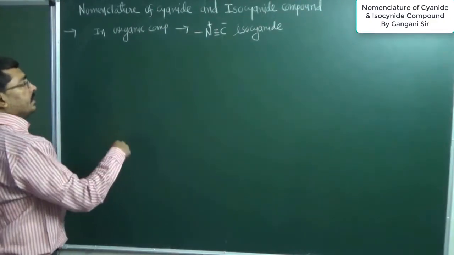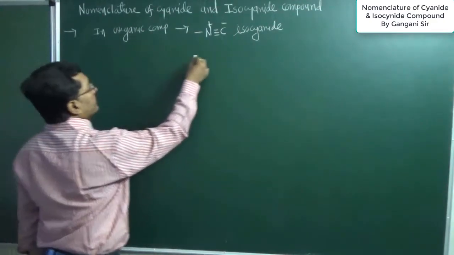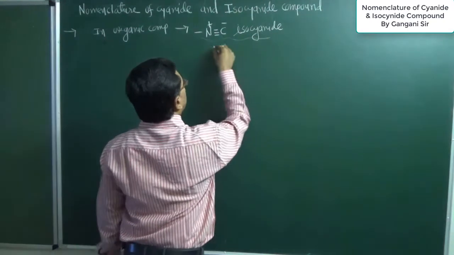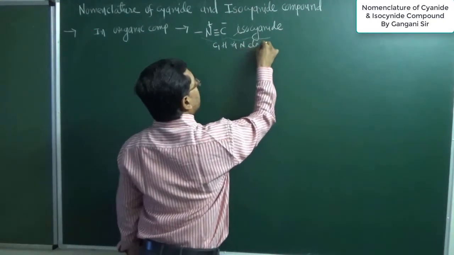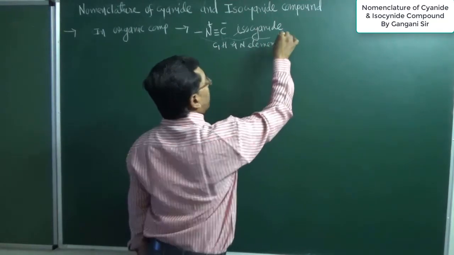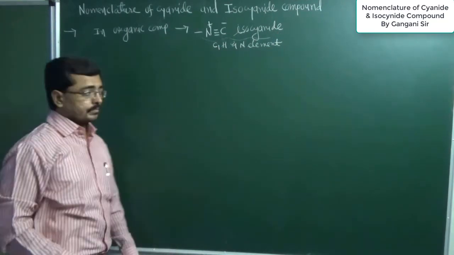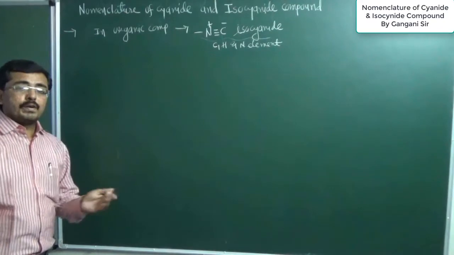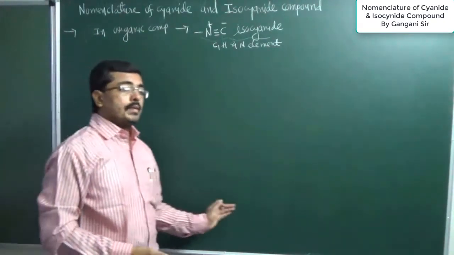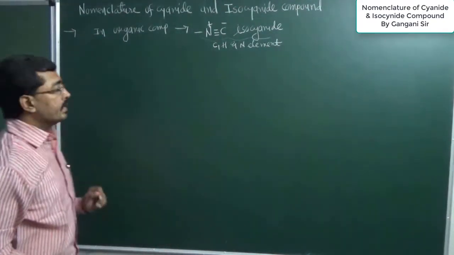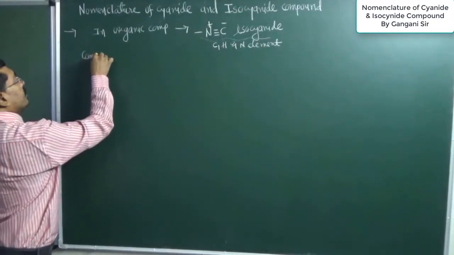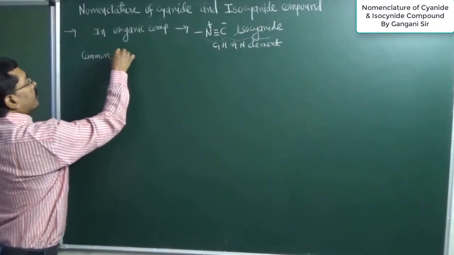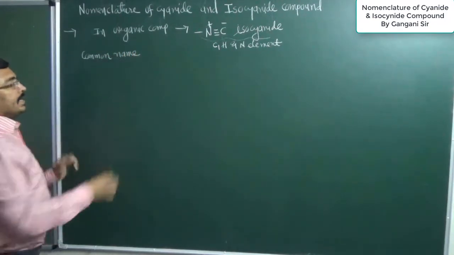Now, an isocyanide compound also has three elements present: carbon, hydrogen and nitrogen. It has two different types of names: one is common naming and the second is IUPAC nomenclature. For the common name, it is similar to the nomenclature of cyanide.